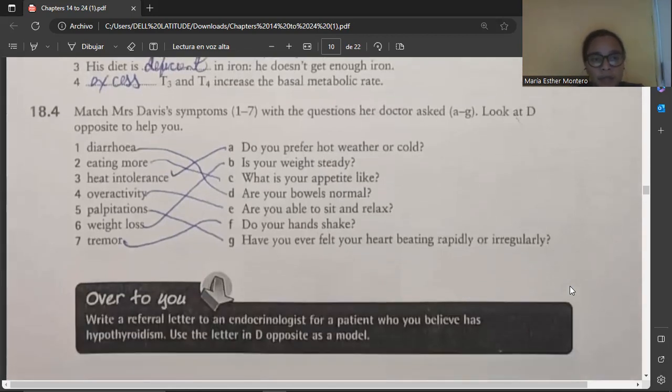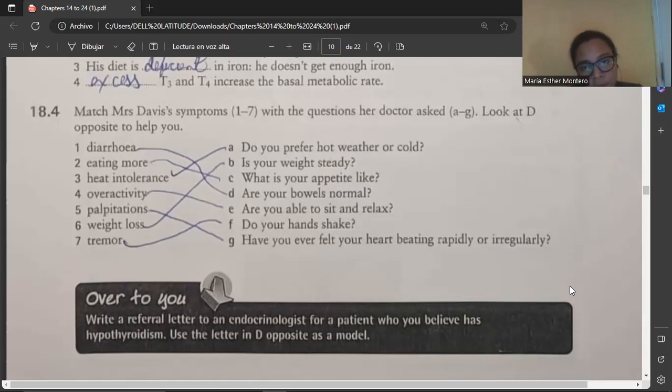18.4. Match Mrs. Davis' symptoms with the question that her doctor asked. Look at the opposite to help you. Diarrhea. Are your bowels normal? Eating more. What is your appetite like? Heat intolerance. Do you prefer hot weather or cold?